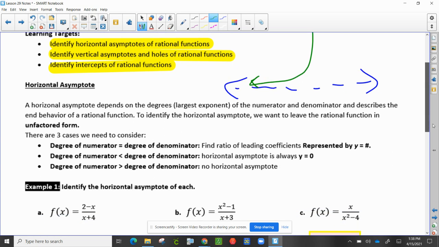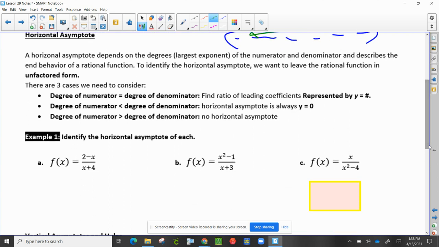Horizontal asymptotes depend on the degree. Remember, the degree is the largest exponent of the numerator and the denominator. So we look at how the numerator and the denominator compare based on their highest exponent. There are three types of scenarios.